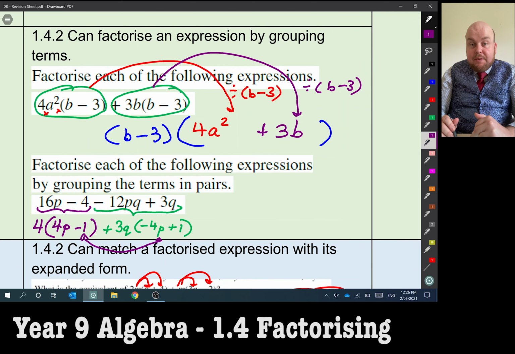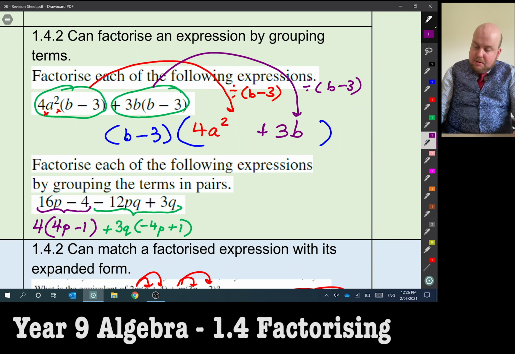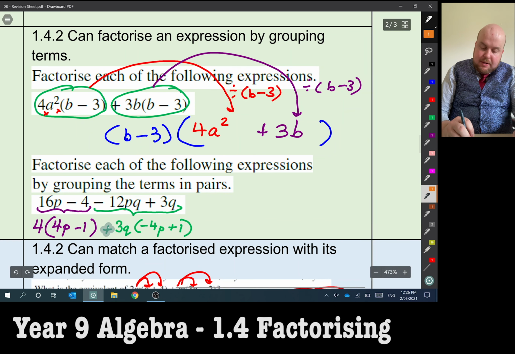In order for us to fully factorize it, the brackets have to be identical, just like in the top one with the b minus 3. So this time, instead of positive 3Q, I'm actually going to divide by negative 3Q.